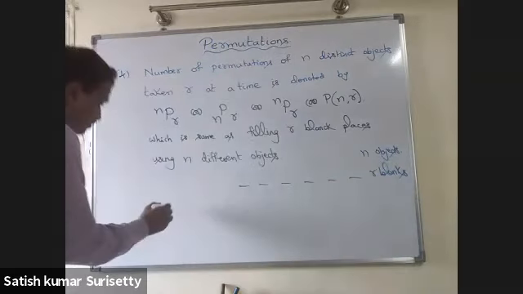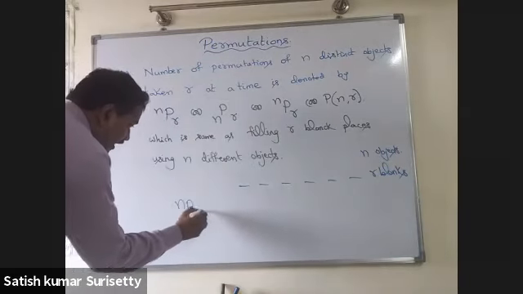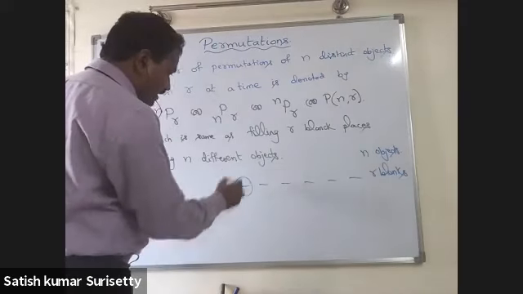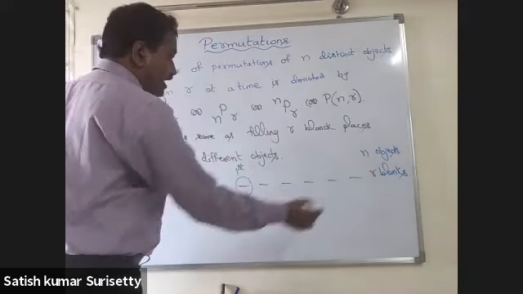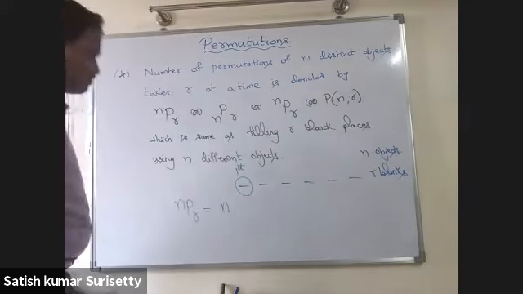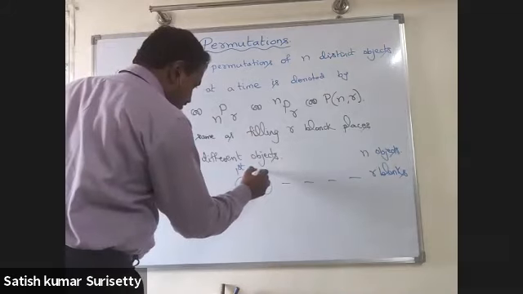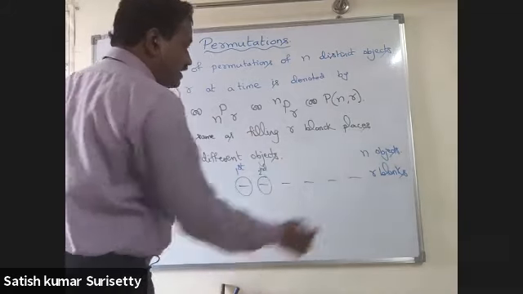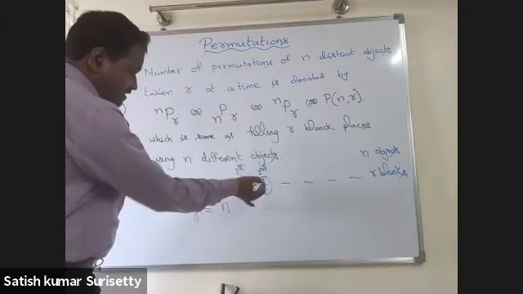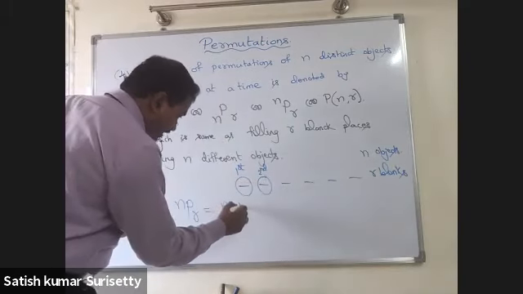Now, that means nPr equals, the first blank can be filled with any of the available n different objects in n ways. The second blank has to be filled with the remaining objects. So remaining objects are n minus 1. So the second blank can be filled in n minus 1 ways.